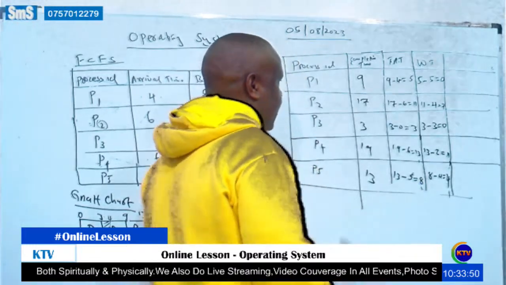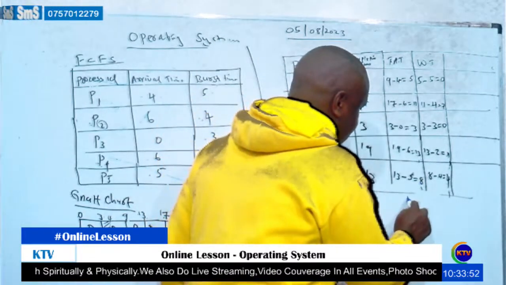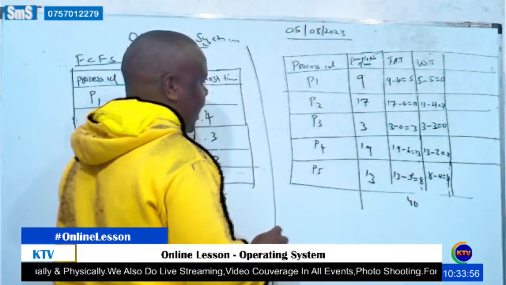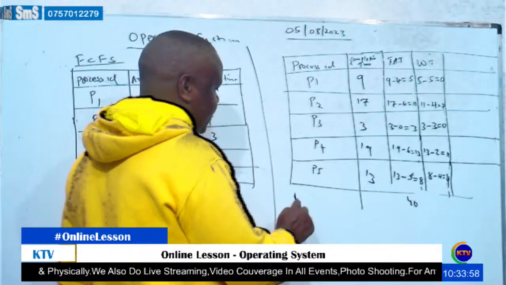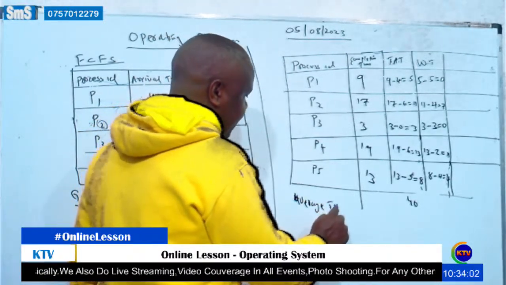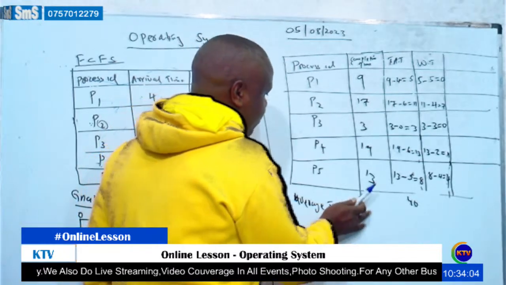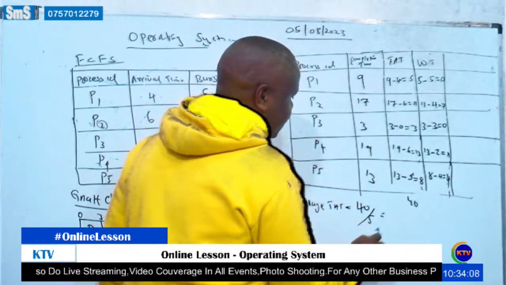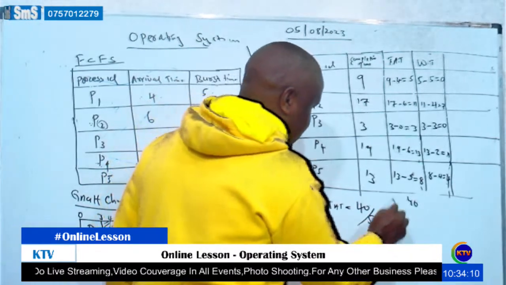So the total here is 40. So the average turnaround time equals 40 divided by 5, which is 8.